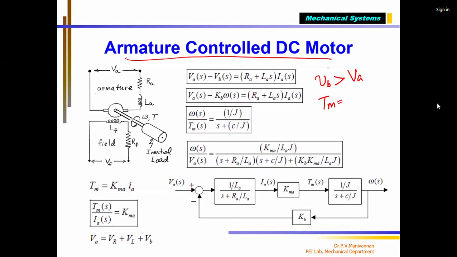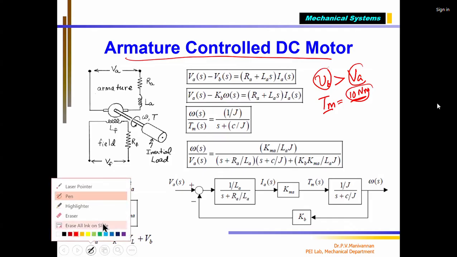If I say I want my motor at 1000 RPM and 10 Newton meter torque is needed, that means the initial torque will be much higher. Based on this, how much VB should be generated will be decided by the manufacturer designing. Take care of that. I think with this we'll do.